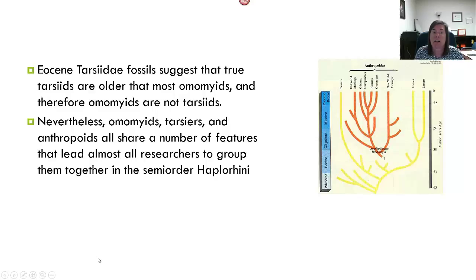Eocene Tarsiidae fossils suggest that true tarsiids are older than most Omomyoids, and therefore Omomyoids are not actually tarsiids. Omomyoids, tarsiids, and anthropoids all do share a number of features that lead all researchers to group them together in the suborder Haplorhini, but it doesn't mean that Omomyoids are in fact tarsiers.